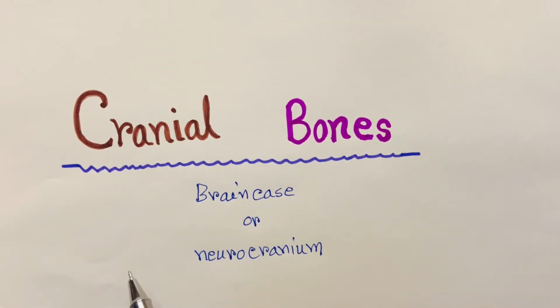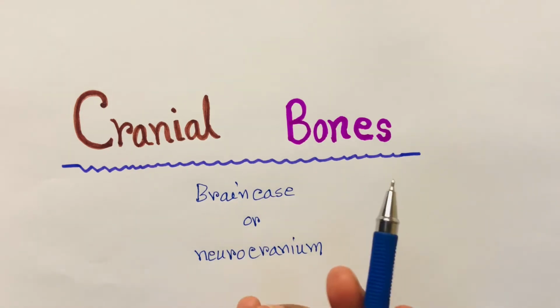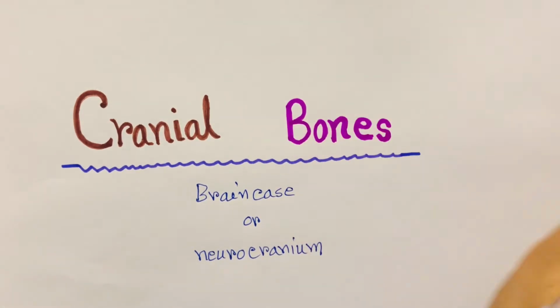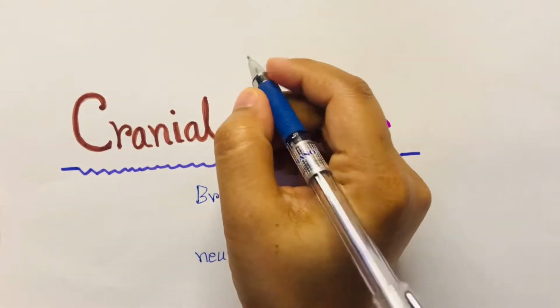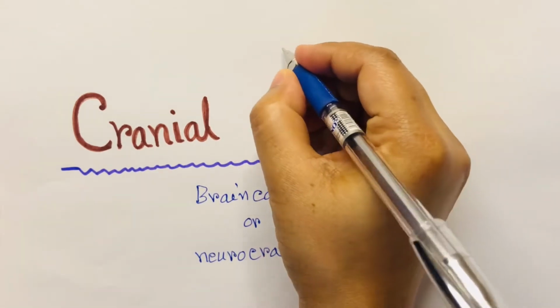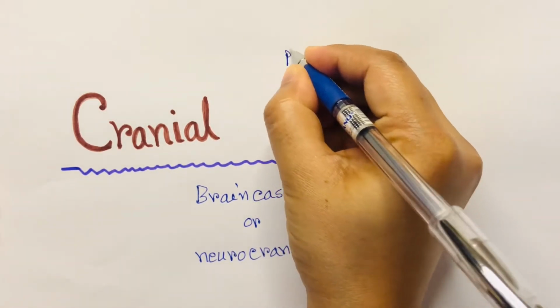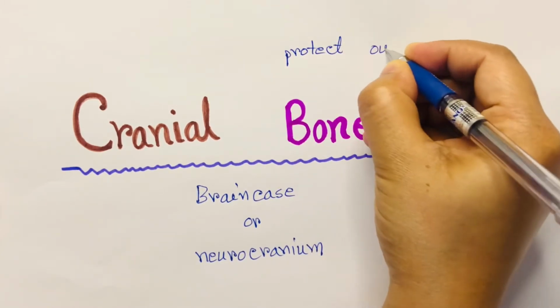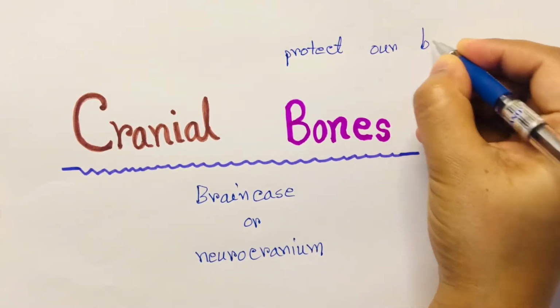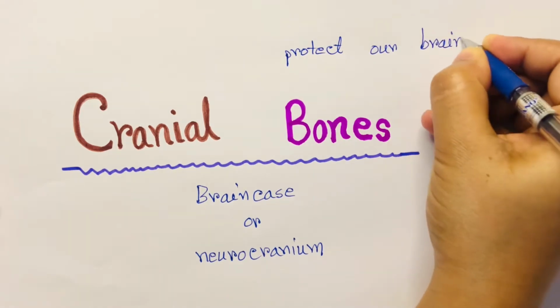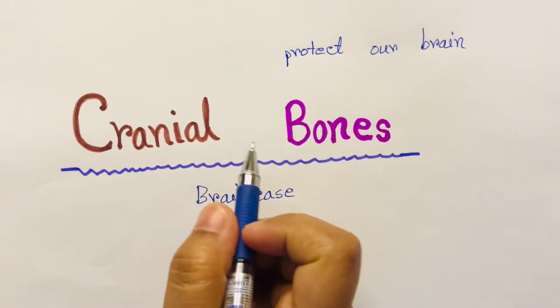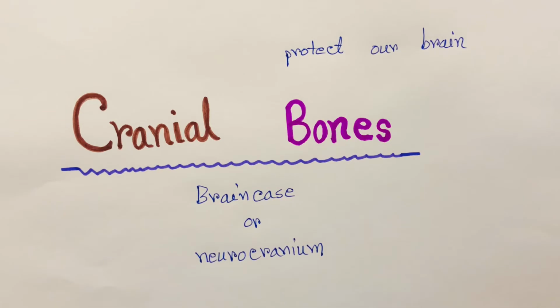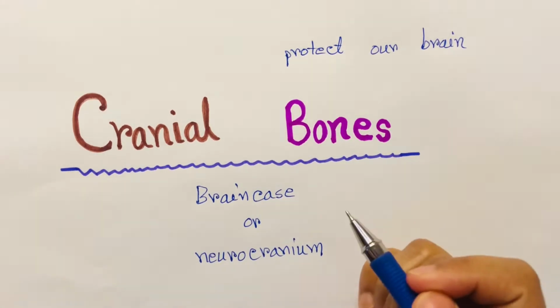So why do we need the neurocranium or cranial bones? Because it protects our brain. So these bones are very important. So let's learn details about these bones.